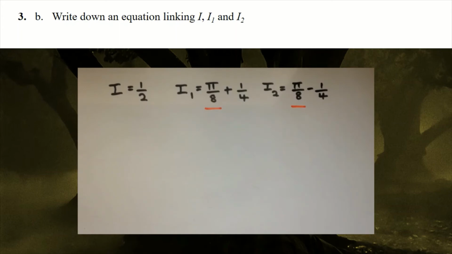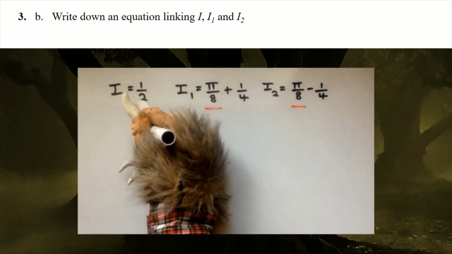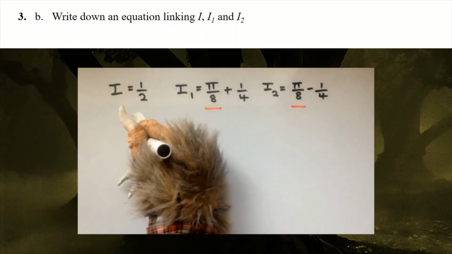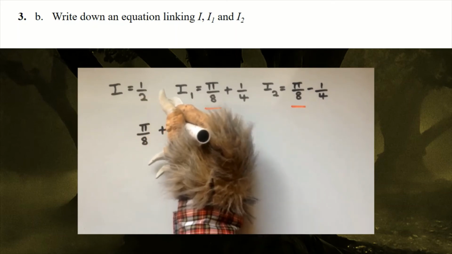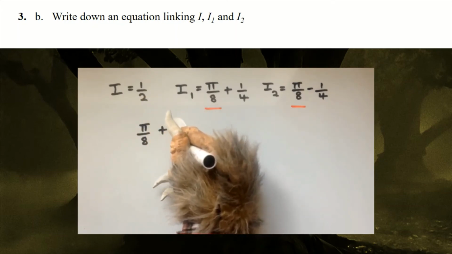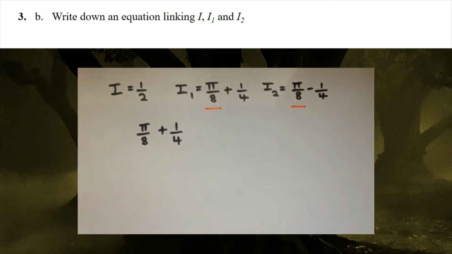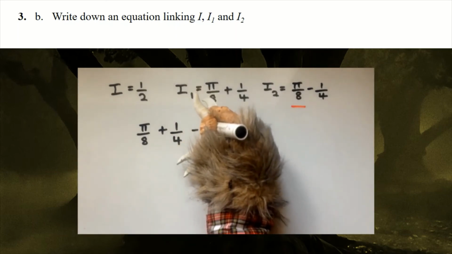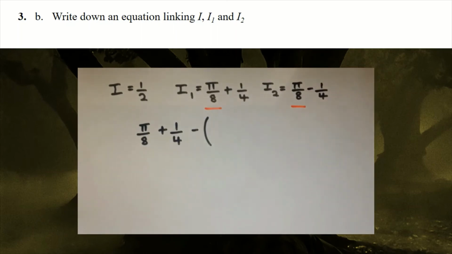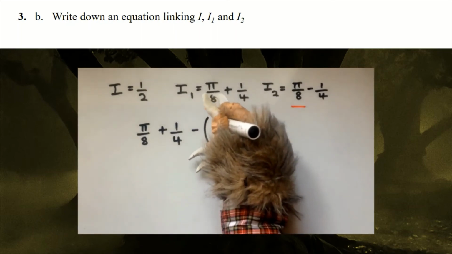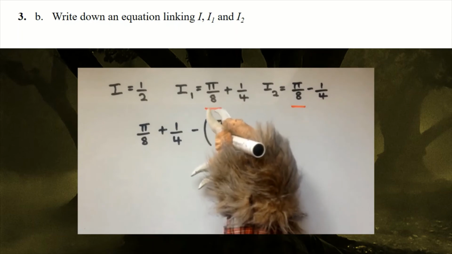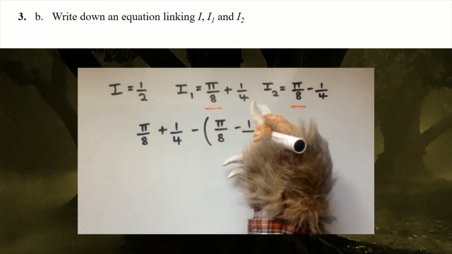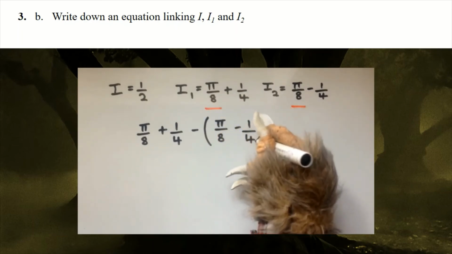So let's just confirm that. So if I take pi over 8 plus 1/4, like so, and I subtract, so I'm going to open a big bracket here, pi over 8 subtract 1/4, like so.